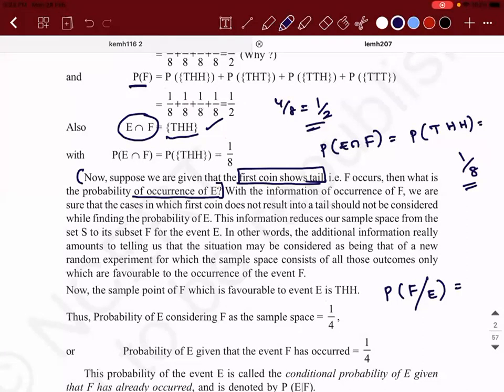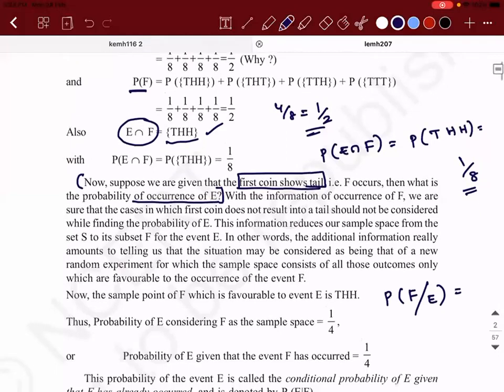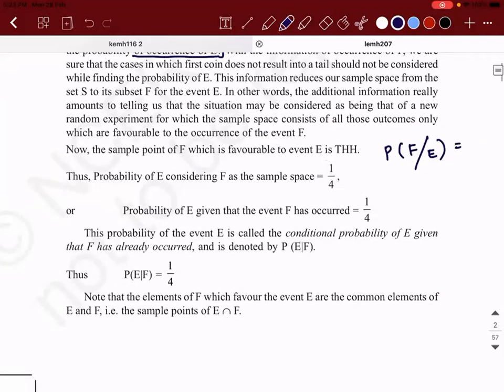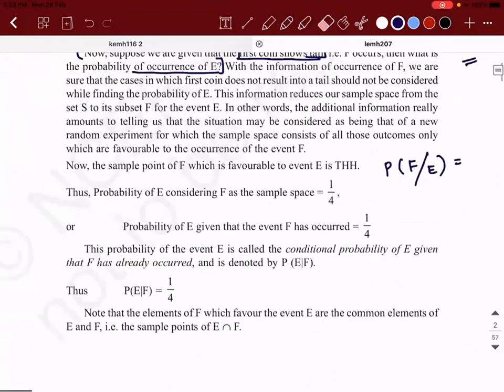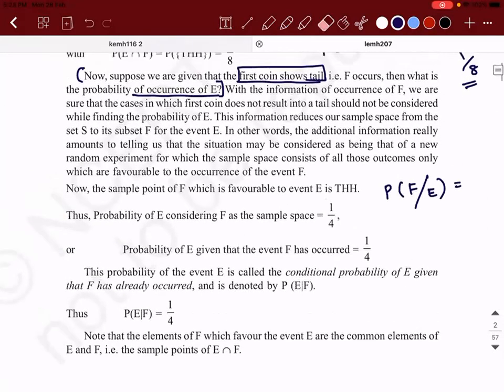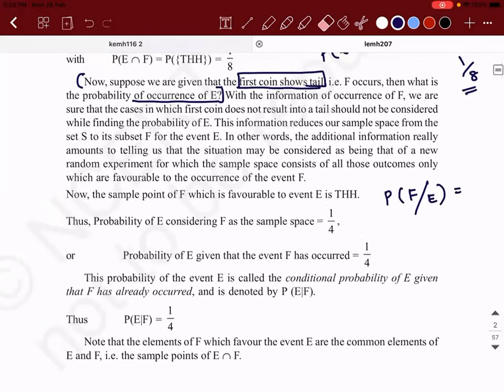Sir, shouldn't it be P of E occurring when F occurs, like P of E by F? Oh, sorry, I read the question wrong.